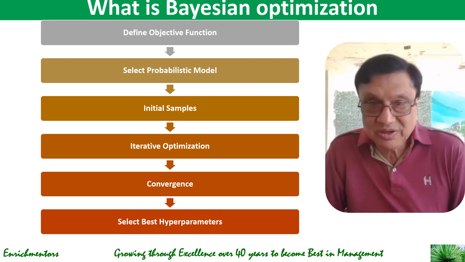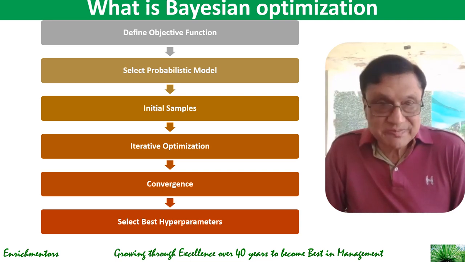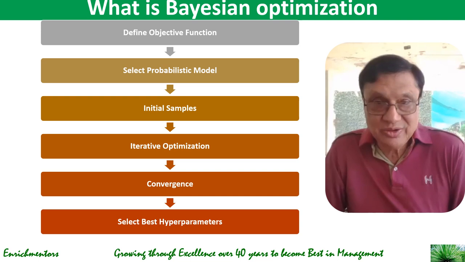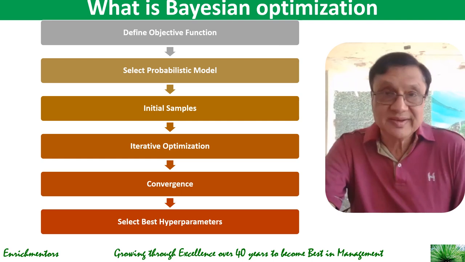This makes it particularly suitable for optimizing machine learning models with expensive evaluation procedures, such as deep neural networks trained on large data sets or models requiring extensive computational resources.